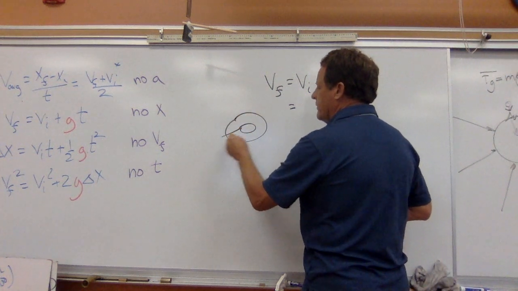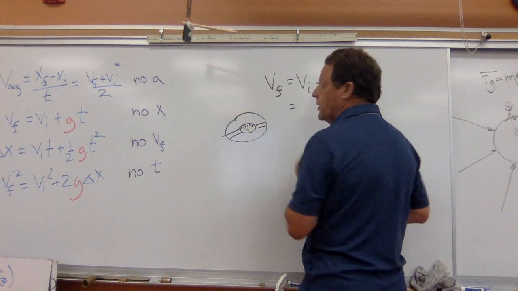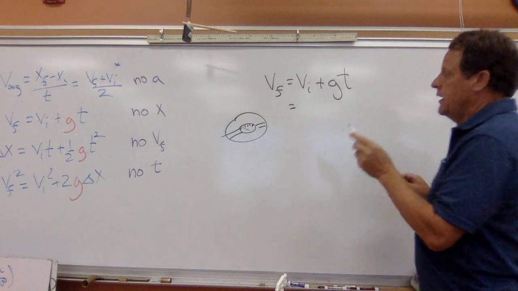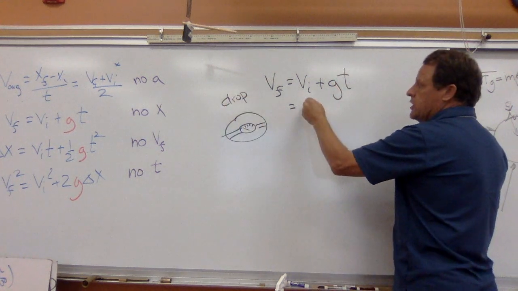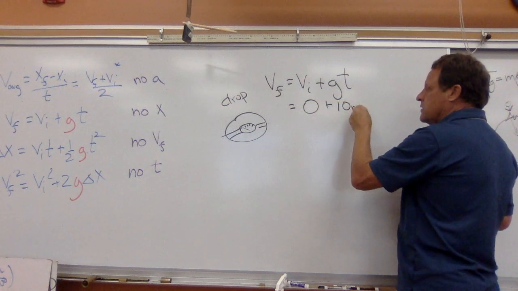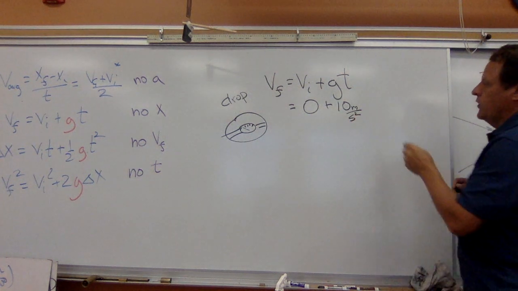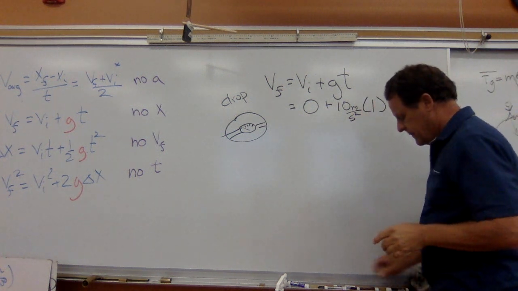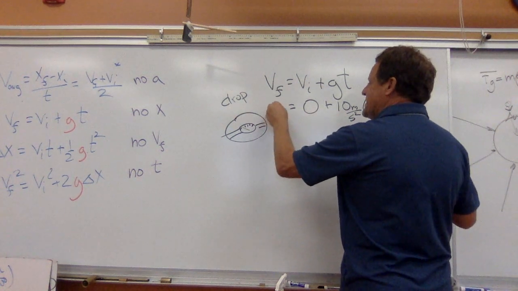So it's how fast is it going? All right, now I said drop, so that means our initial velocity is 0. And it also means that our acceleration is due to gravity, so that's 10. And so after 1 second, our velocity is going to be 10 meters per second.